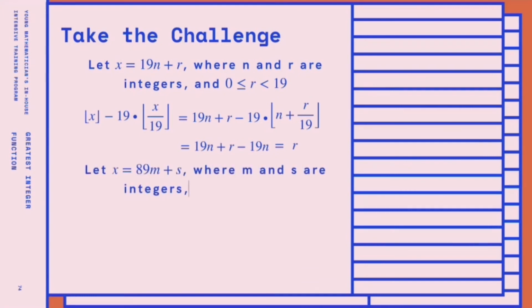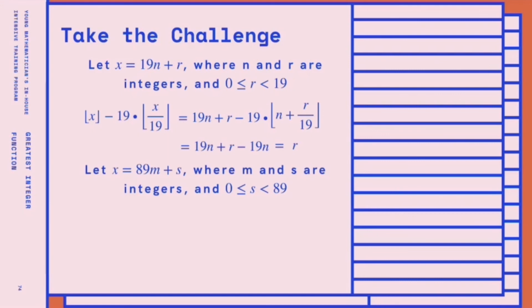In a similar manner, we can also let x be 89m plus s, where m and s are integers, and s is greater than or equal to 0, but less than 89. Again, m is the quotient when x is divided by 89, and s is the remainder.